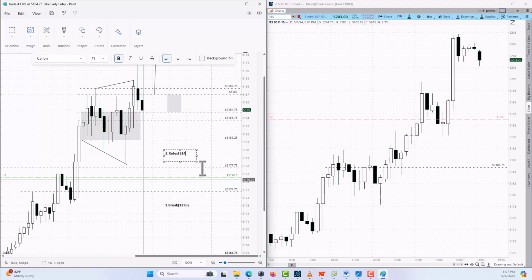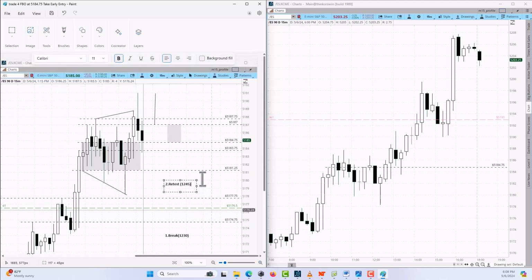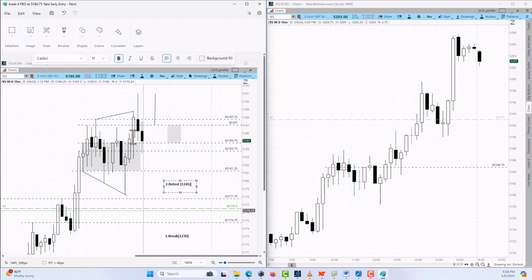At 12:45. Is that right? So you have a retest at 12:45. Okay, and then we anticipate a reversal, but not even close.